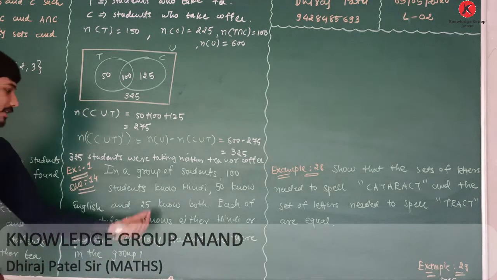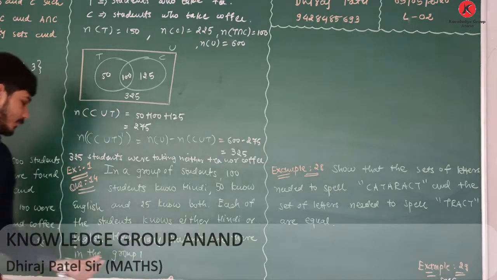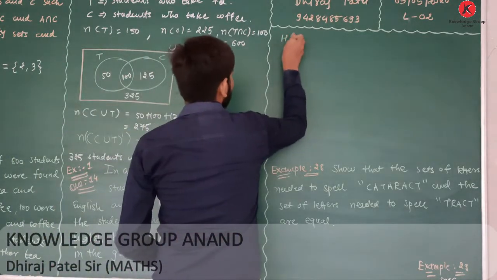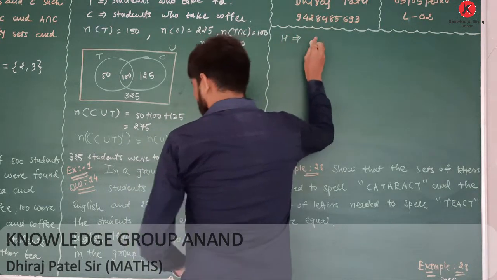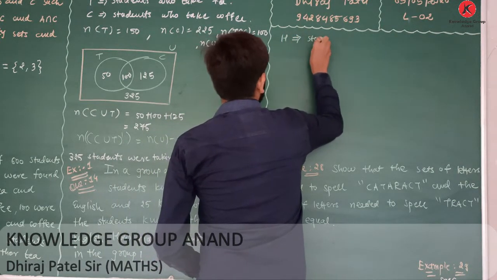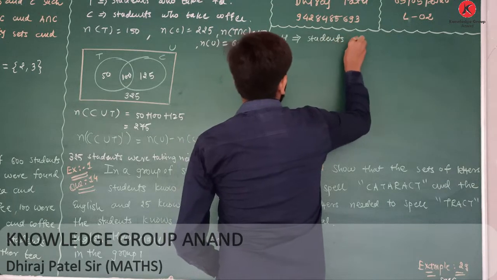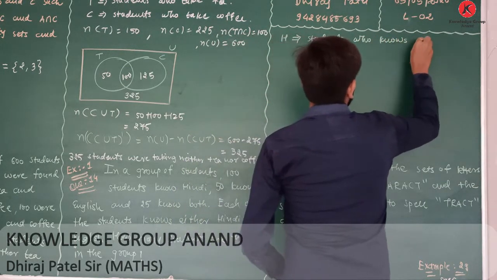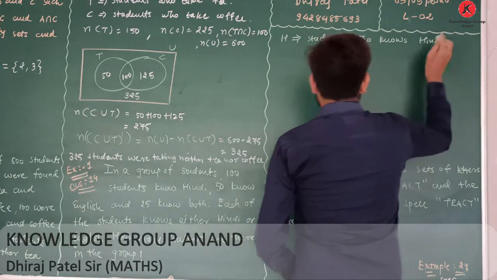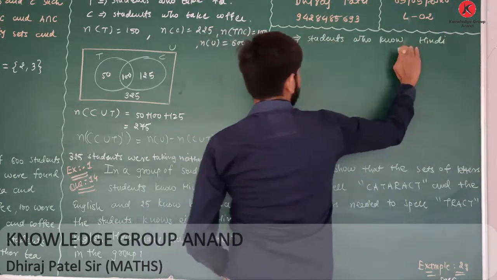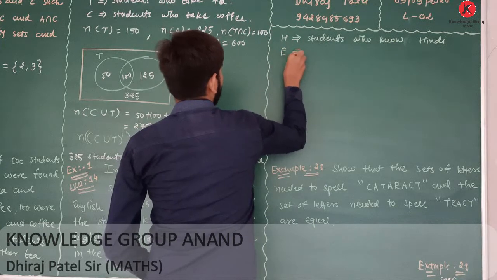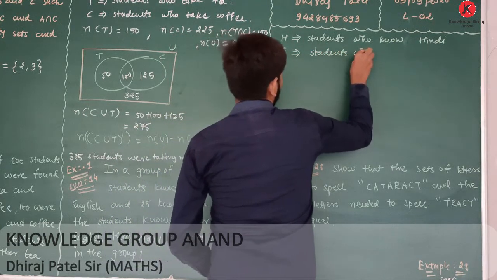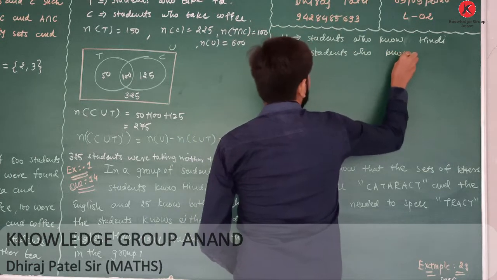So I am taking set H for Hindi and E for English. So I am taking set H for students who know Hindi. Okay, now I am taking set E for students who know English.